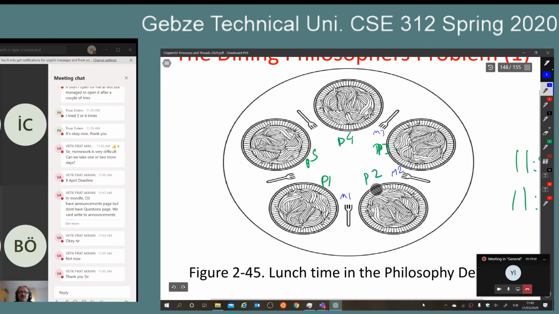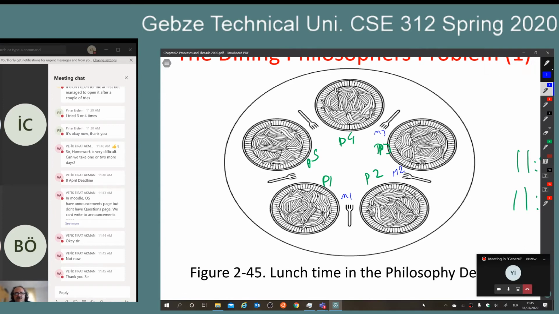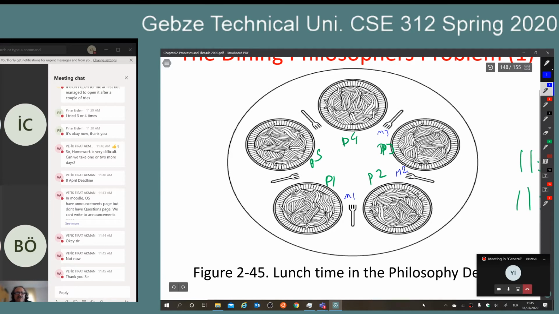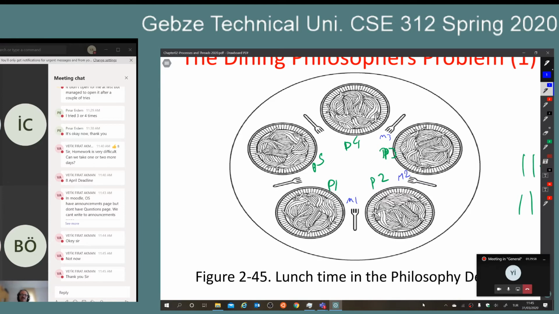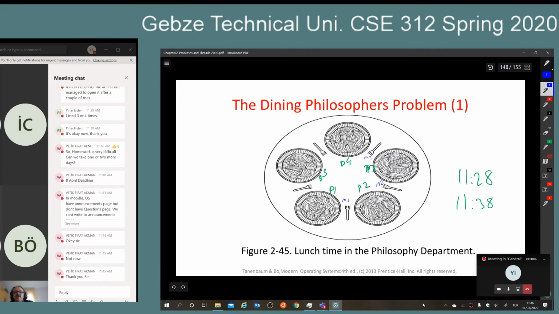So for P2 to run, it should have both of these mutexes, and for P1 to run, it should have both of these mutexes. That's the idea. But they kind of idealize this scenario, and they say that there are 5 philosophers sitting around the table.